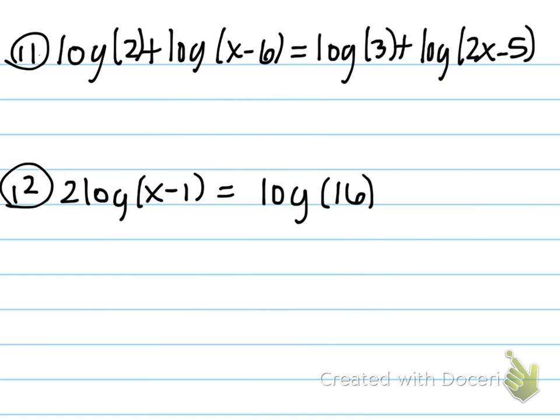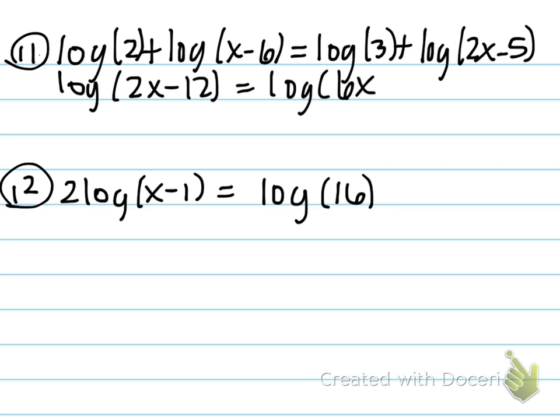All right, number 11, I see multiplying because I'm adding. So I'm going to have log of 2x minus 12 equals log of 6x minus 15. Make sure you distribute. So I have 2x minus 12 equals 6x minus 15.